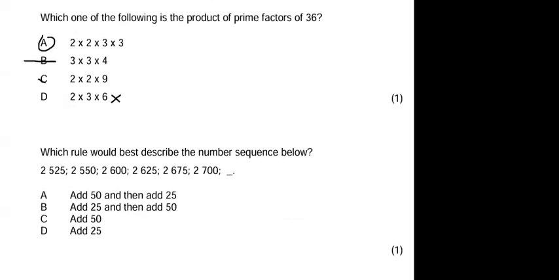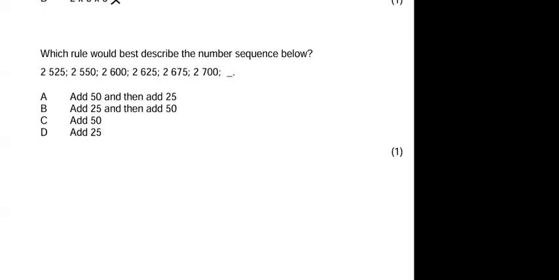All right, let's look at this one. It says, which rule would best describe the number sequence? So you have 525, then 550, then 26. Okay, cool. Then you have 625, 675.